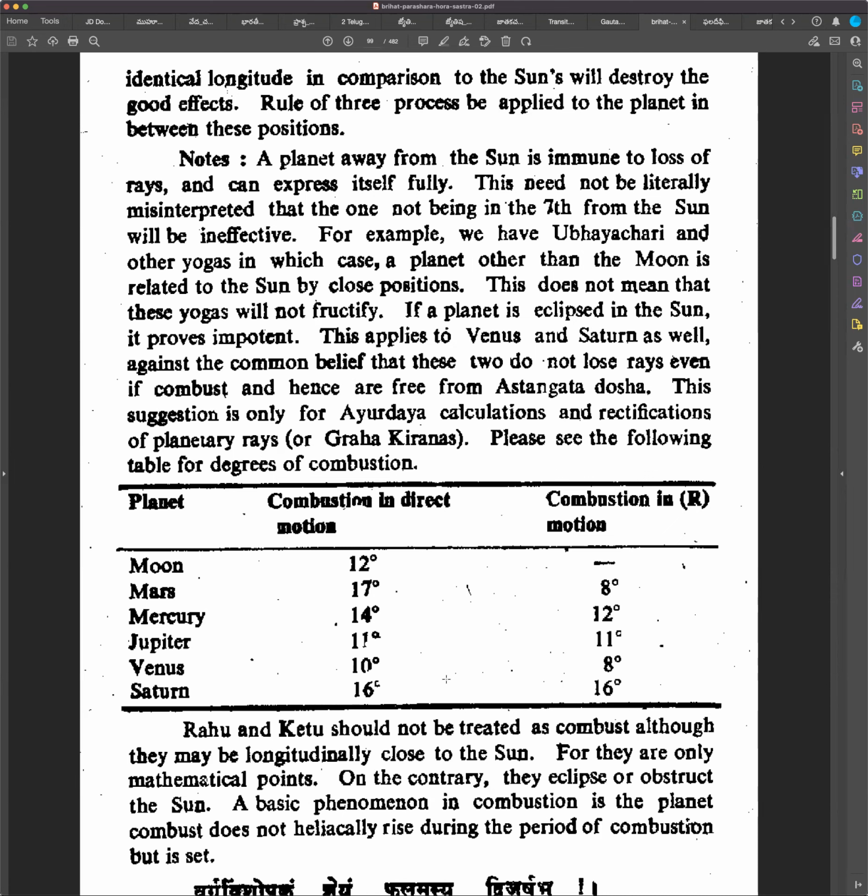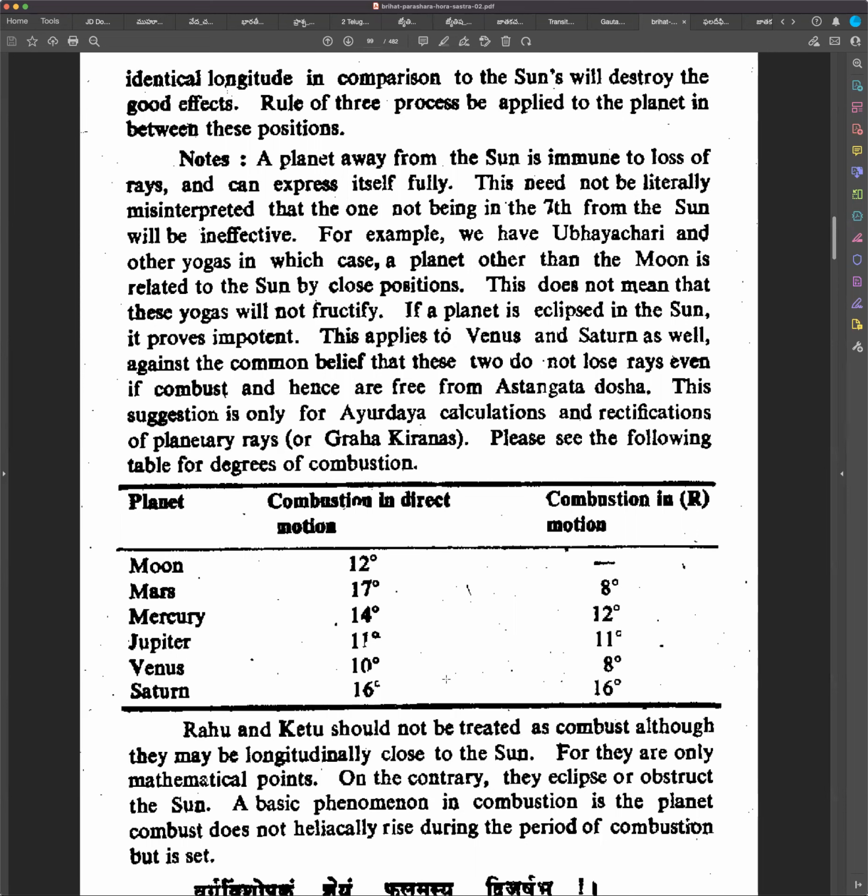But now retrogression plus combustion. The problem is whenever the planet is combust, all the rays of the planet will not reach properly to the Earth because the Sun's rays overdominate. Just as in the sky during midday, you can't see any stars.